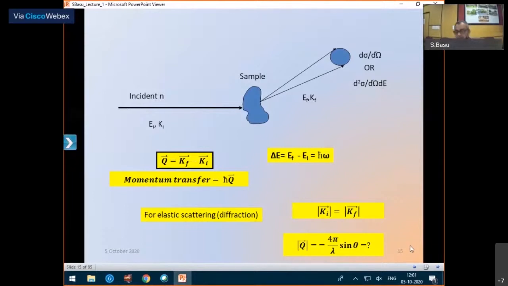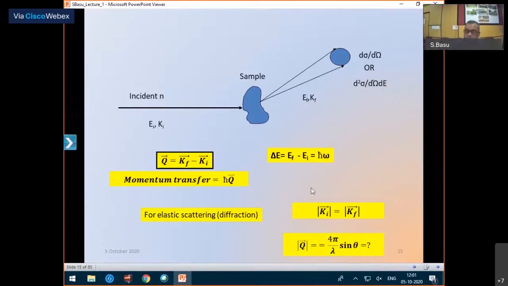Here, for an elastic experiment, by elastic I don't mean elastic in the classical sense. By elastic we mean that there is no energy transfer between the neutron and the sample. If you don't consider that energy transfer, then for an elastic experiment, for an angle theta, this is 2 theta.